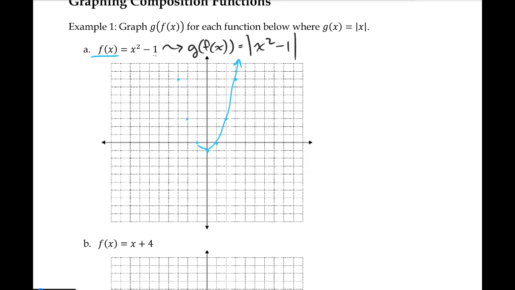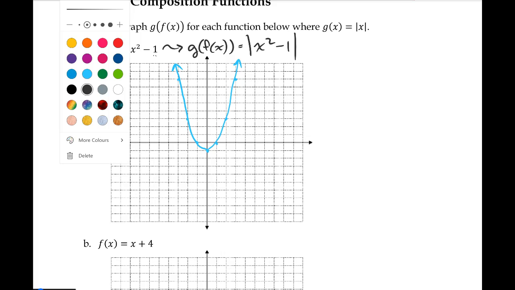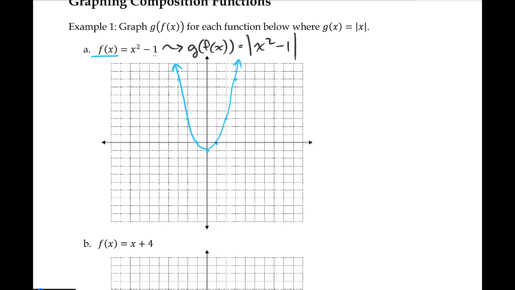So with that in mind, everything that's above my x-axis already is positive, and so it should stay relatively the same. I shouldn't be changing it at all because, well, it's already positive. The absolute value has no impact on it. So it's just this little section down here that's going to be impacted, and there we go.